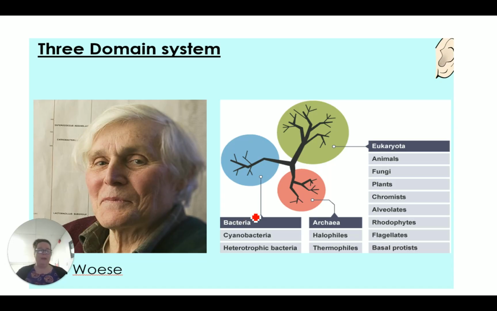So what he did, if I can get it here, he said that Linnaeus said kingdom was the biggest group, but actually Carl Woese said there's domains which are even bigger, above kingdoms, and he said there were three domains.